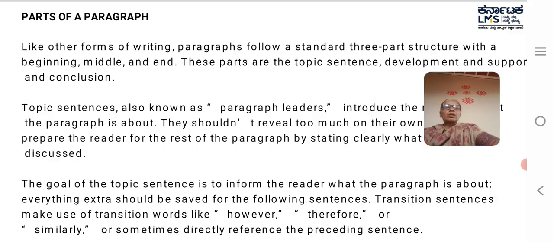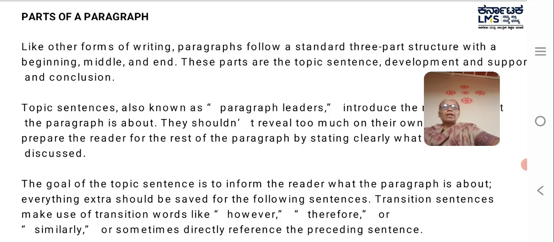Topic sentences are also known as paragraph leaders. They tell what the paragraph is about. They introduce the main idea of the paragraph.